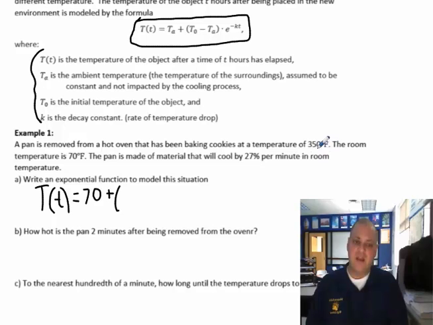We took that pan out of the oven at 350 degrees, so that's going to be 350 minus the ambient temperature again, 70, times E raised to the negative KT. Negative K, 27%, so 0.27, and then T.